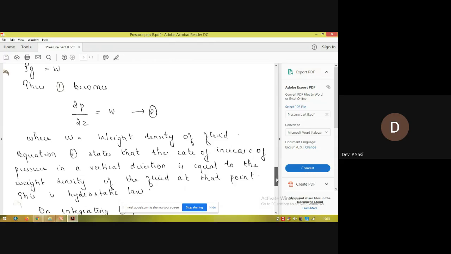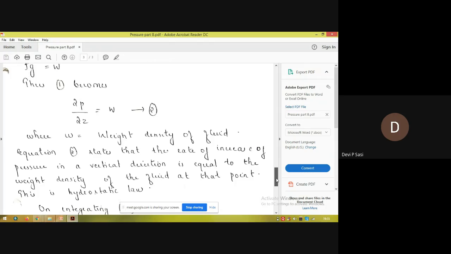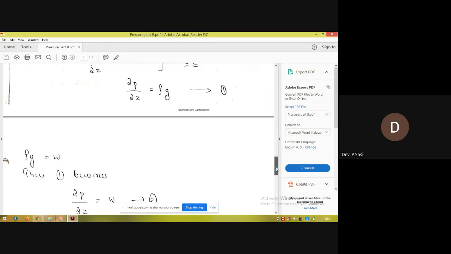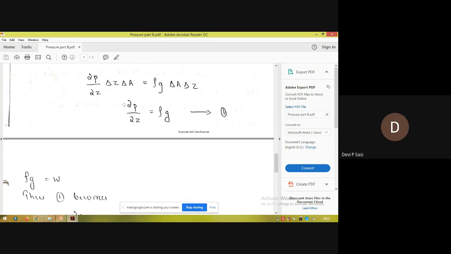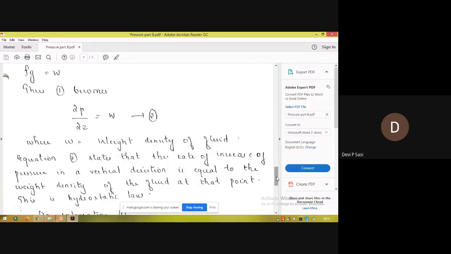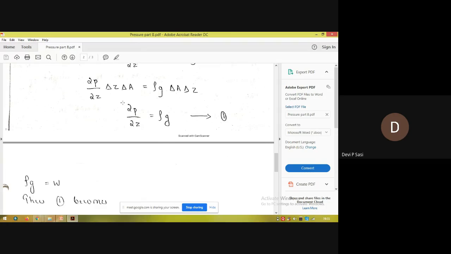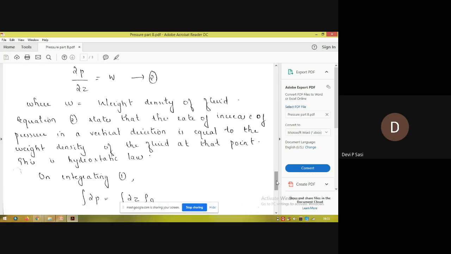You integrate equation 1. Now, which is equation 1? You have marked already equation 1, that is dou P by dou Z is equal to rho G. Now, you just integrate equation 1. So, it will be integral dou P is equal to integral of dou Z into rho into G. You can see the integration here.